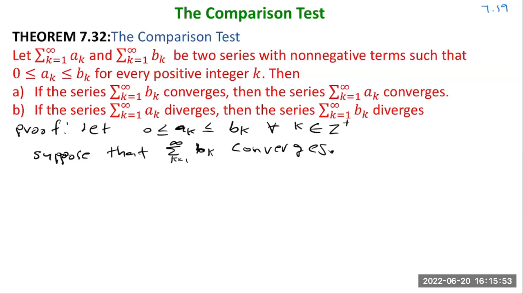So this implies there exists some real number L, where L is in R means L is a real number, such that, using this abbreviation, s.t., the sum from k = 1 to infinity of b_k is equal to L.